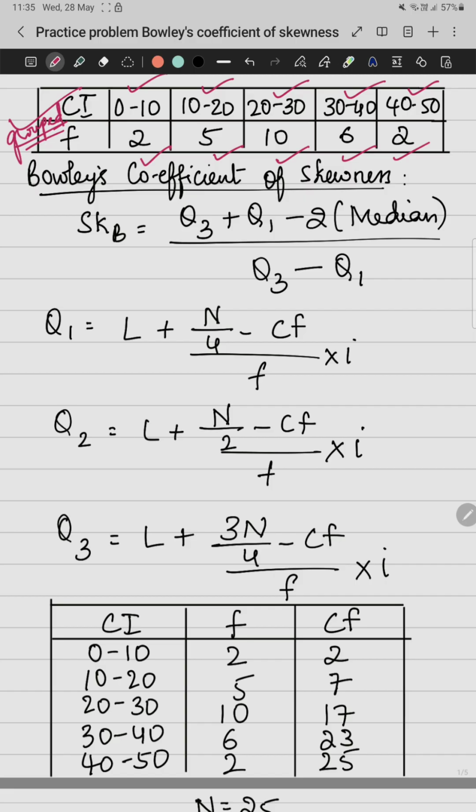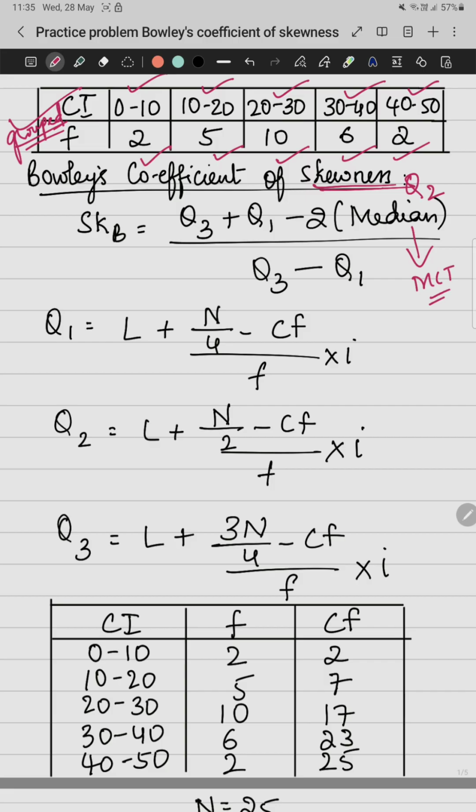Okay. So let's see the formula. Bowley's coefficient of skewness formula is Q3 plus Q1 minus 2 into median. Median is Q2, 2 into Q2, divided by Q3 minus Q1. So this median is a measure of central tendency. Measure of central tendency: mean, median, mode.